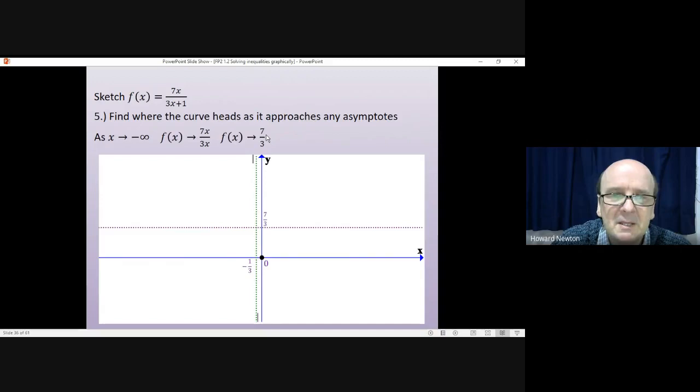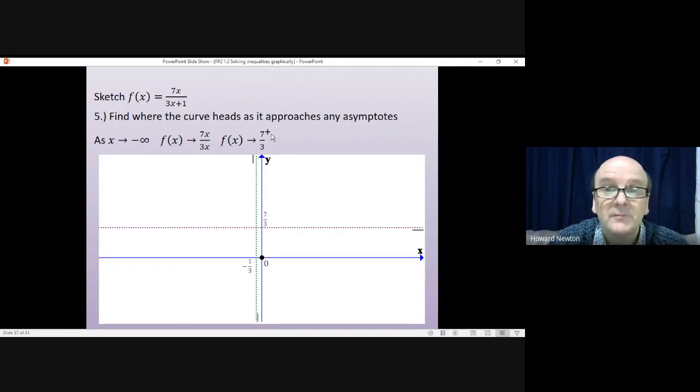And you'll see that the answer is just a little bit bigger than 7/3 all of the time. So that means we need to put a plus there. And then you'd read this as saying, as x tends towards minus infinity, the function tends towards 7/3 from above. That's what the plus means. Putting that on the sketch means we'll get a black line here. That's where the curve is going to head towards.